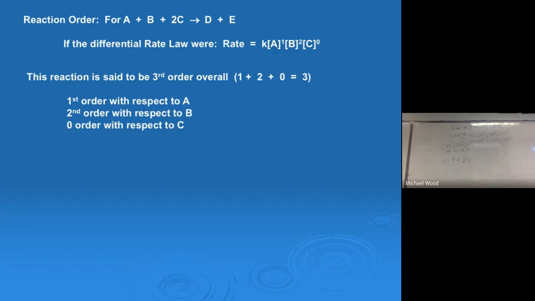I'm actually going to write some stuff on the board here too, to kind of go over really the 4 cases we'll have: 0 order, first order, second order, third order.